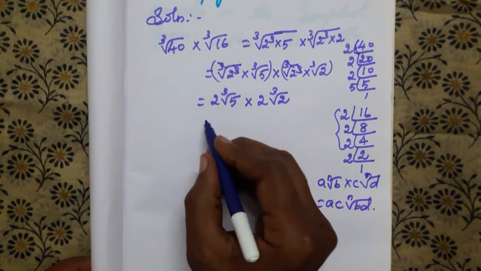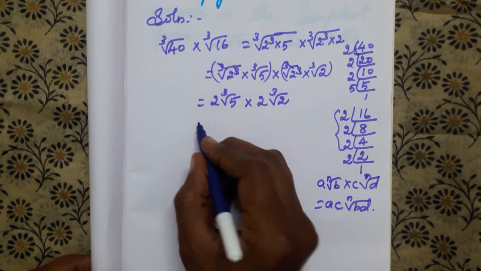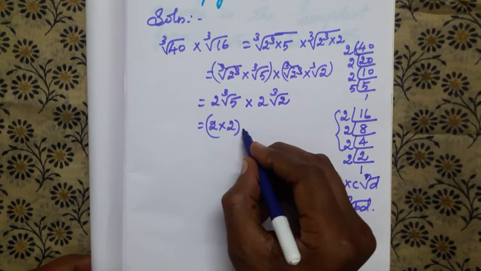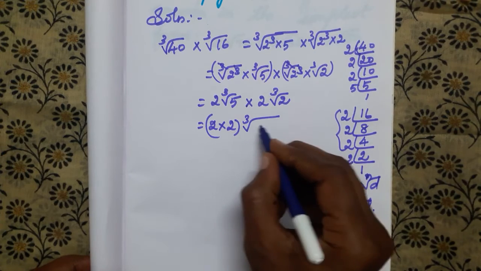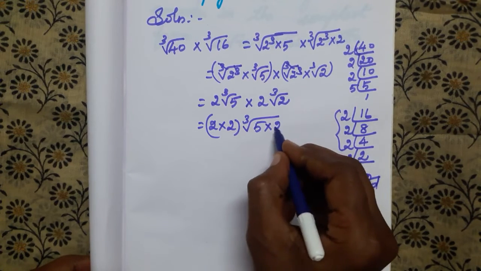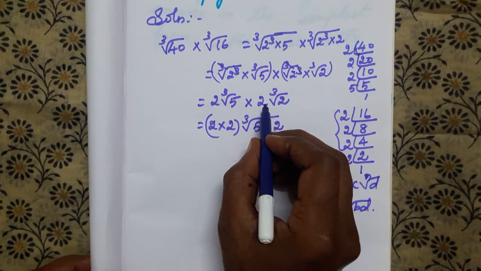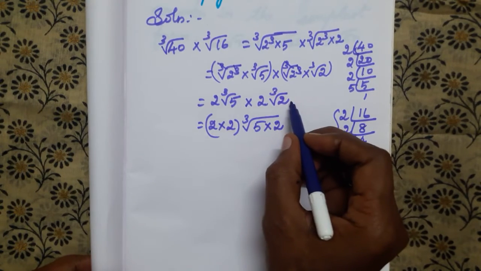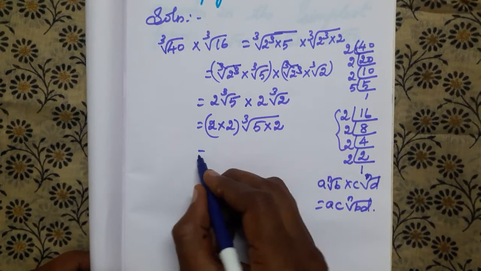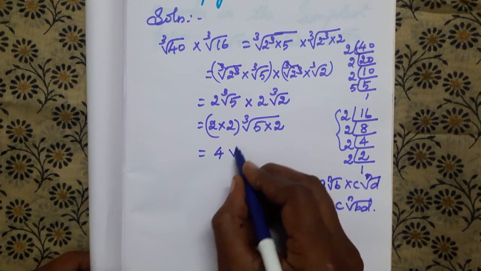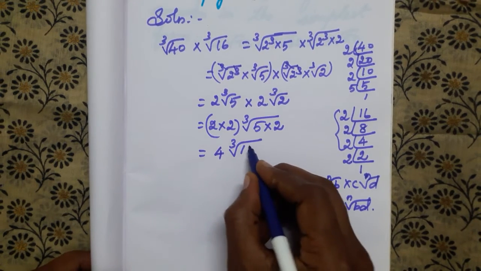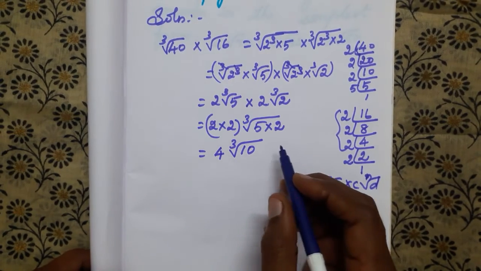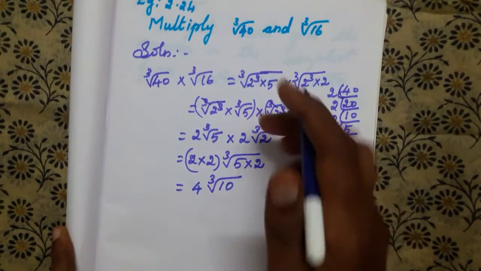When we use that, what do we get? 2 into 2. Next, cube root of 5 into 2. 2 2s are 4. Cube root of 5 2s are 10. 4 cube root of 10. Can you understand? Very easy problem.